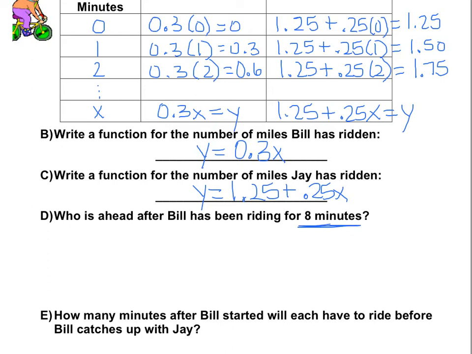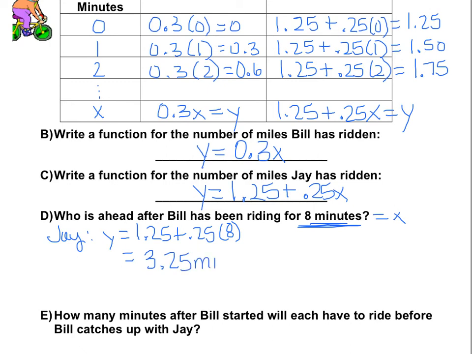Okay, so 8 minutes. This represents your x value. So let's figure out where Jay is after 8 minutes. So Jay, after 8 minutes, would be y equals 1.25 plus 0.25 times the 8 minutes, and that means he is 3.25 miles away.